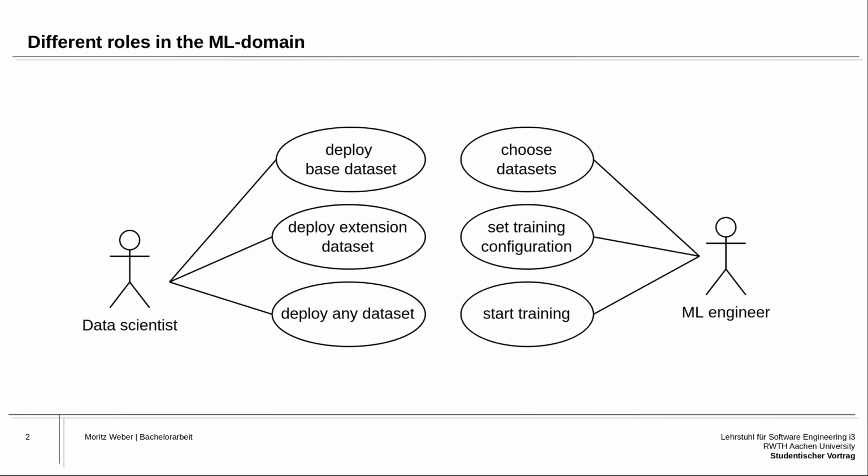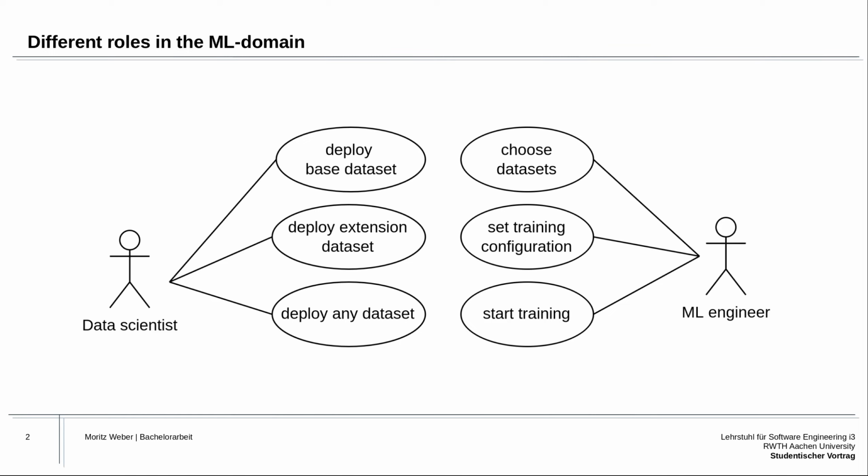First of all, we will give a short introduction about two different roles, which are involved in a typical machine learning workflow. The first actor is the data scientist. Their tasks include the capturing, cleaning, and validation of data. As part of our implementation, the data scientist will deploy the base dataset, extension dataset, and any number of other extensions.